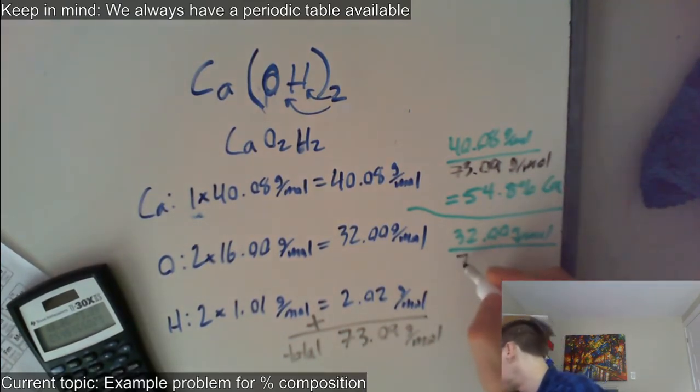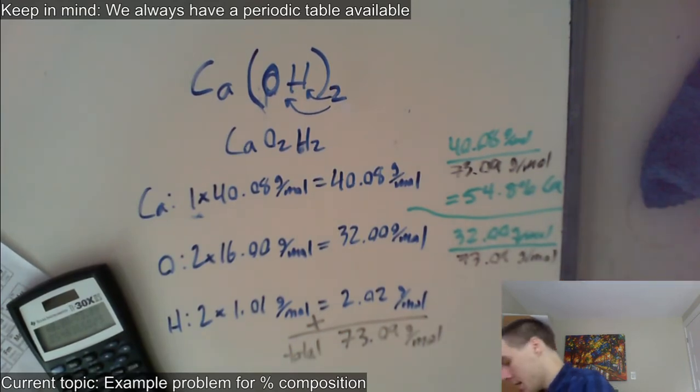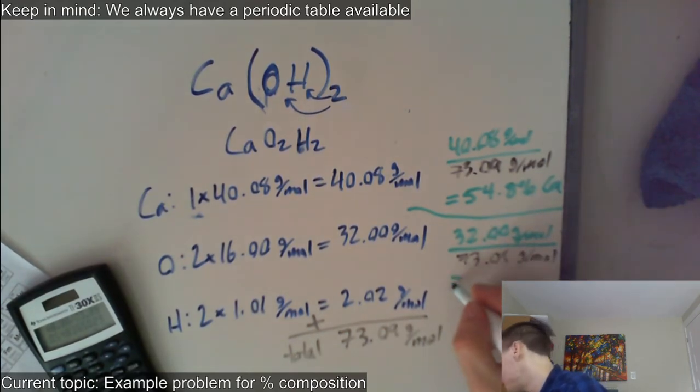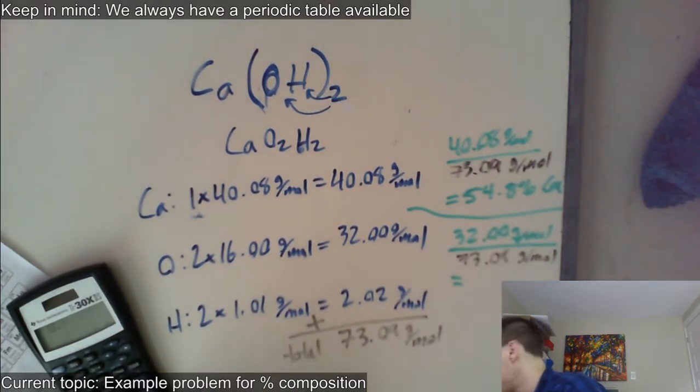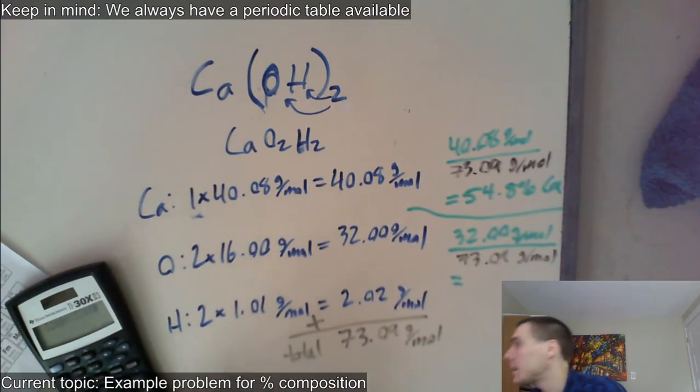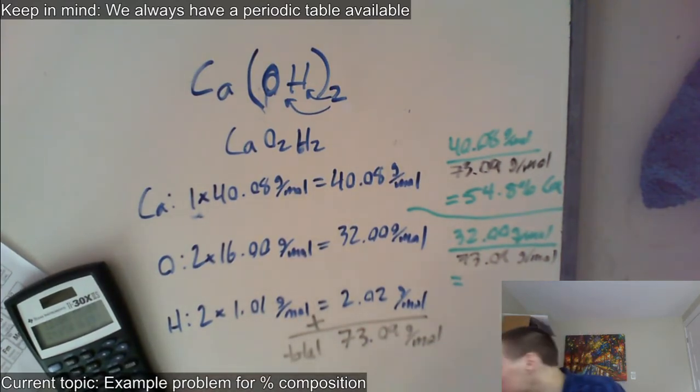It's the total because we want the percentage. And that's going to equal whatever 32 divided by 73.09 is, which is 43.8% oxygen.